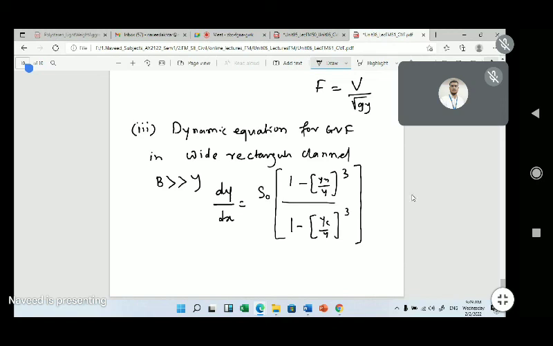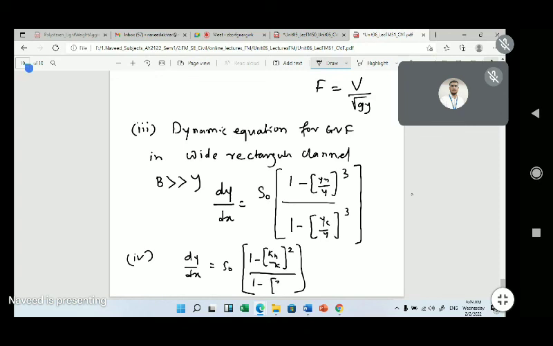And the fourth one we have found is the generalized dynamic equation, dy by dx is equal to S0 times 1 minus (Kn upon K) squared upon 1 minus (Zc upon Z) squared. K is the conveyance factor, K is equal to C A under root of R, and R is the hydraulic mean depth.